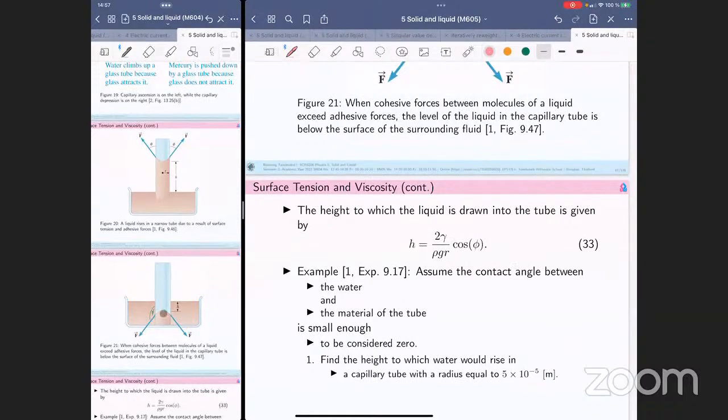It depends on the surface tension. Okay, if that fluid has a strong surface tension, this effect will be prominent. Okay, this effect will be easily noticeable when we have strong surface tension.